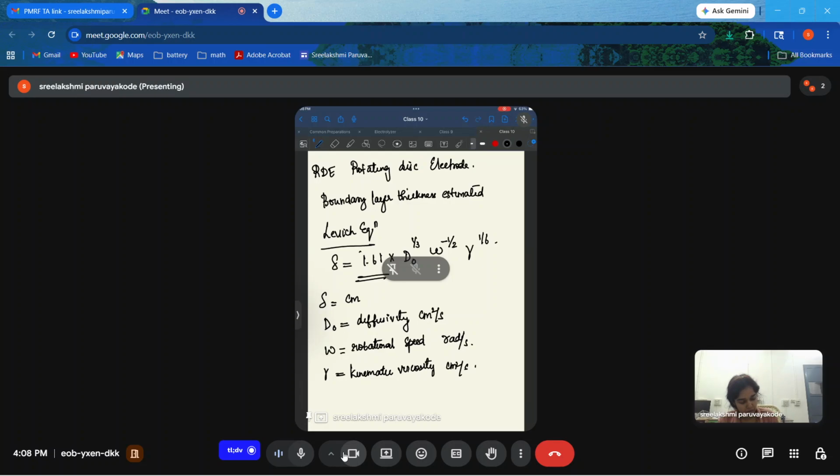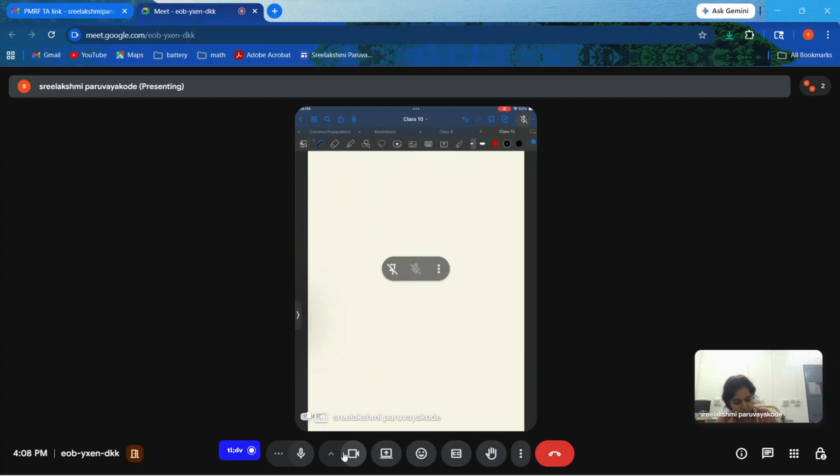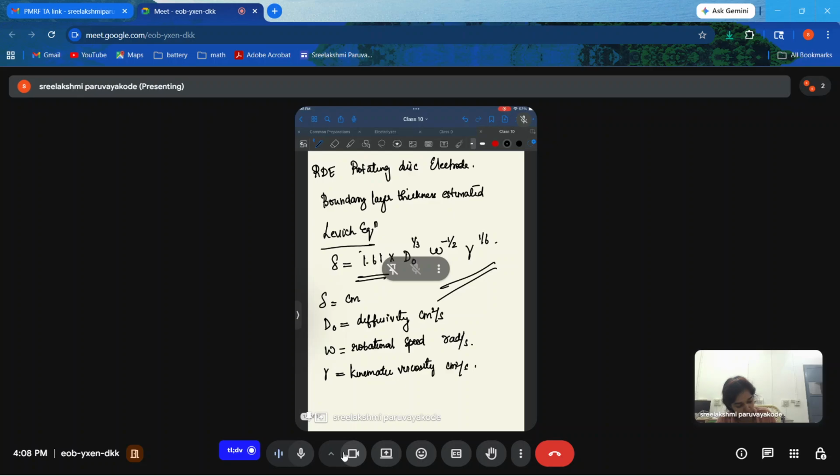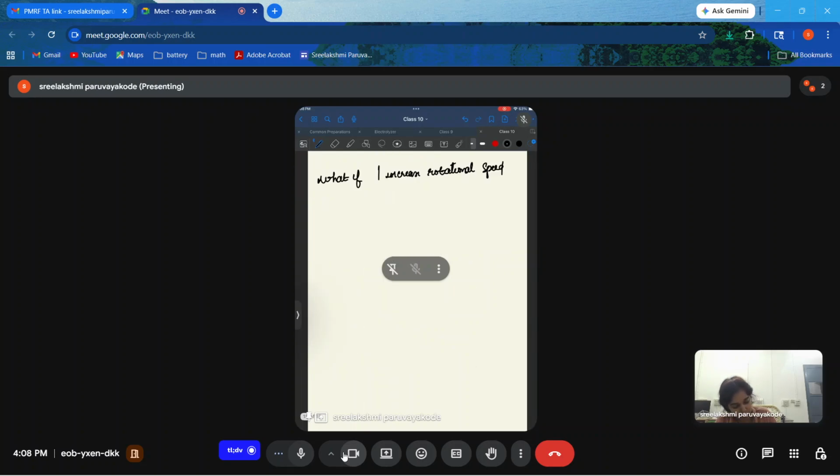So when you're increasing the rotation, what will happen to this value? I hope this formula is clear. Now what if I increase omega? Delta is inversely proportional to omega to the power 1 by 2, that is 1 by root omega.